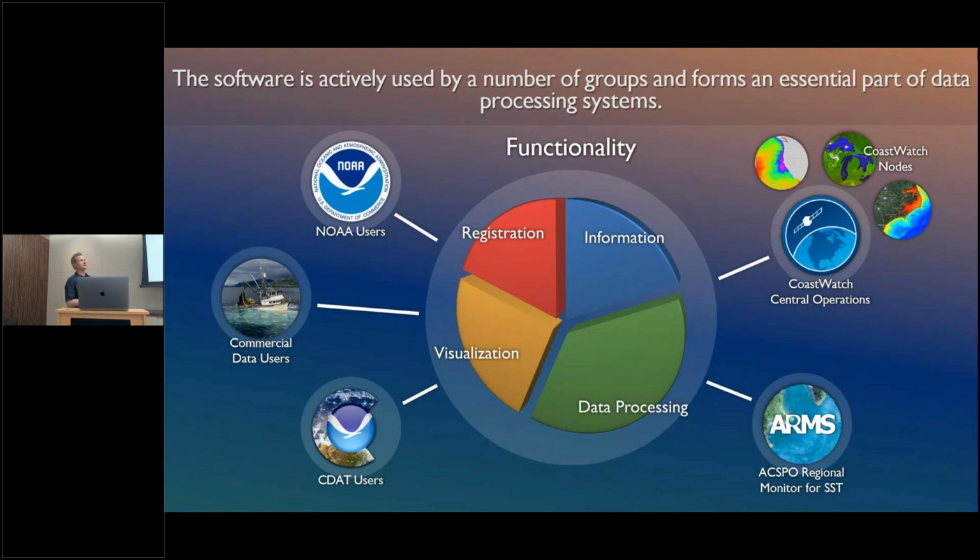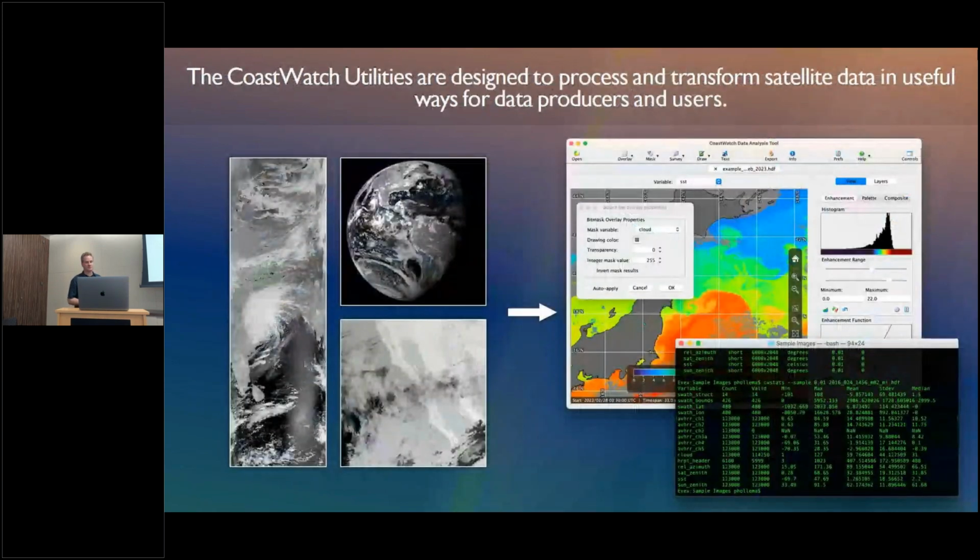You can map data from level 2 to level 3 projection and between different map projections, and you can generate preview images as well. So lots of little functionality I haven't talked about, but you can check that out in the user's guide or online. There's also the CoastWatch data analysis tool on the right-hand side there for interactively looking at data files.